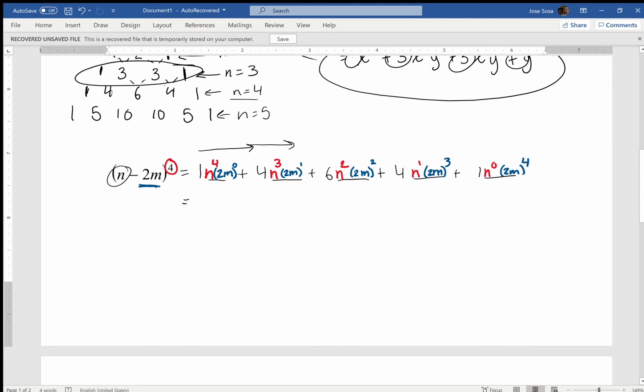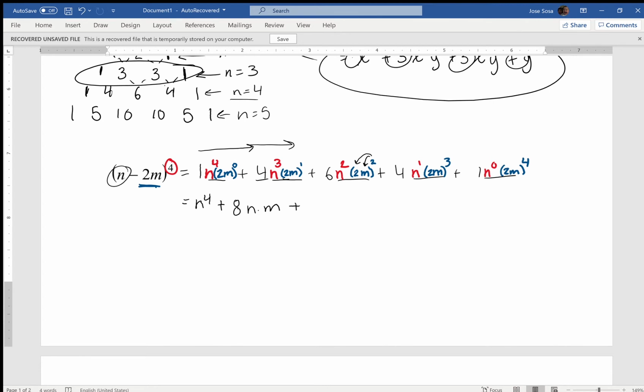So yeah, now we are left for the first term with n to the 4th. 2m to the 0th power is 1, so we don't really need to write that. For the second thing, we have 4 times 2, which is 8, times n cubed times m. Okay. Now over here we have to distribute this first.